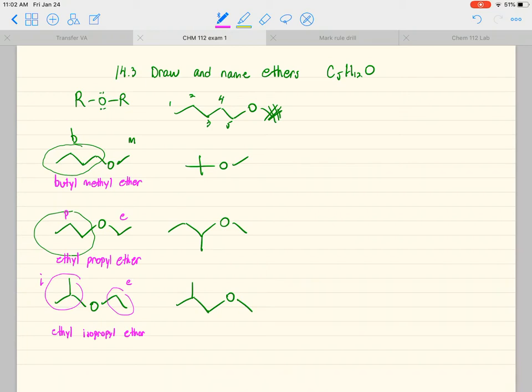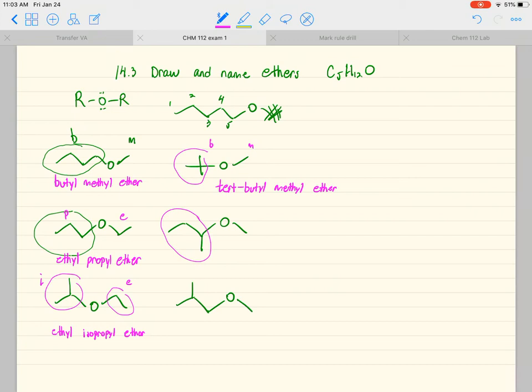Okay. Over here we have a tert-butyl group and a methyl group. So we would alphabetize this tert-butyl. Okay.